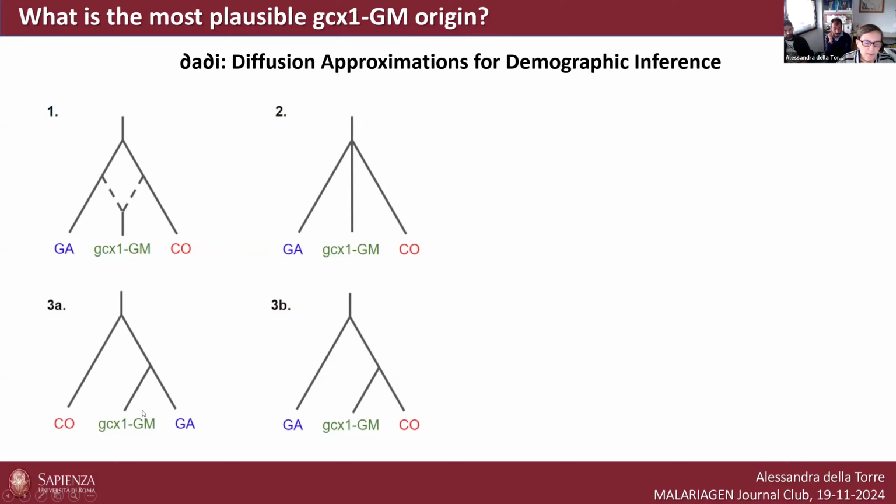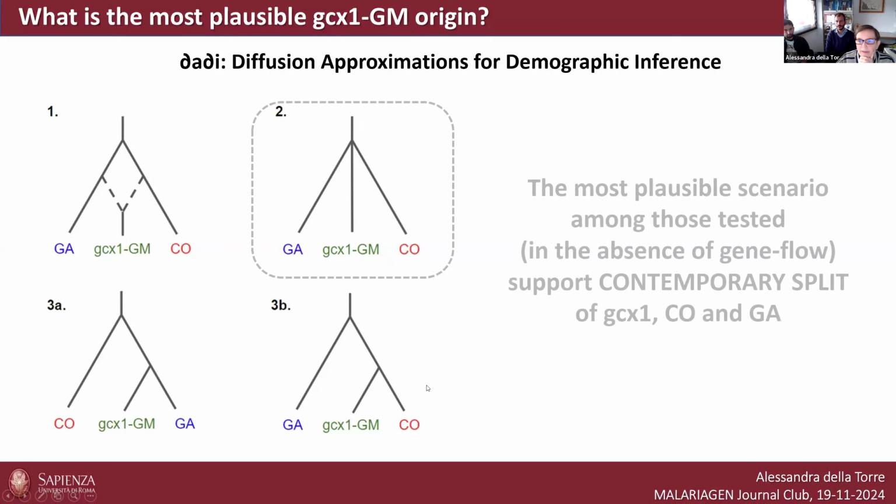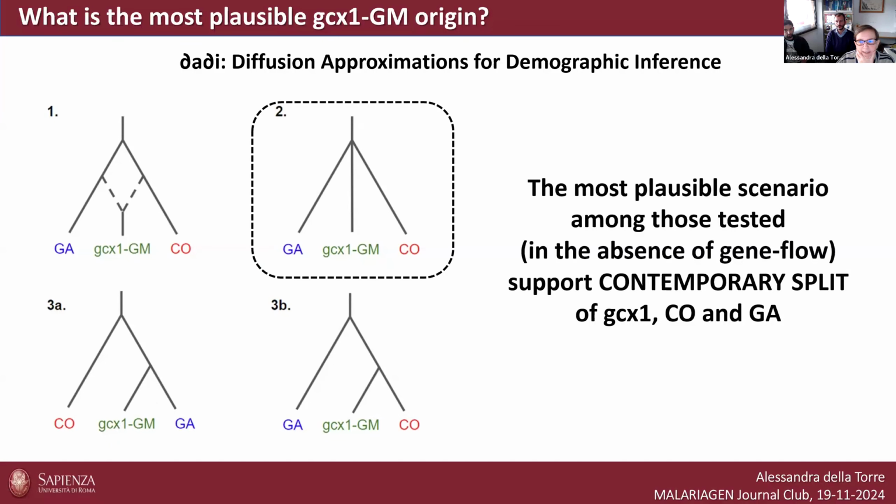The third one was an initial split between gambiae and coluzzii, and then the GX1 split later from gambiae, and the fourth hypothesis was the opposite one. So first a split between gambiae and coluzzii, followed by a split of the Far West population from coluzzii. The results of the analysis show that the most supported hypothesis is the contemporary split between these two groups.